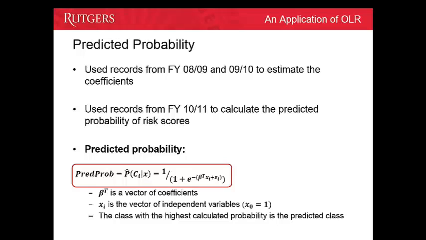So basically, we calculated the predicted probability of each observation from fiscal year 2010-2011 falling in the high risk class, medium risk class, or low risk class.